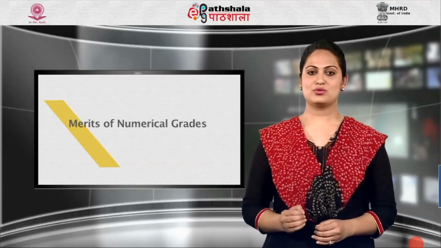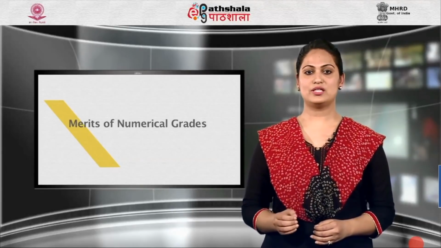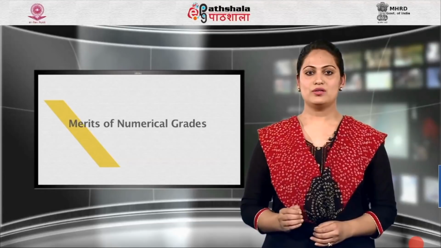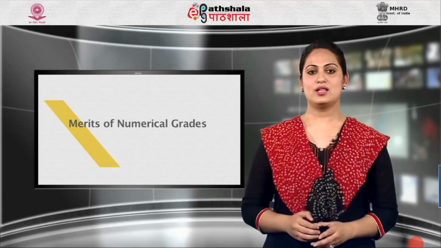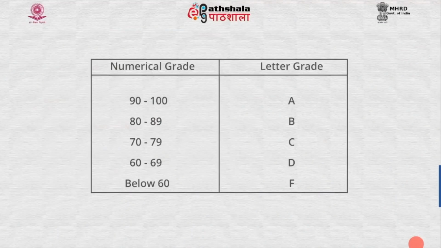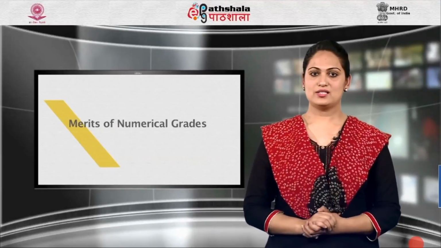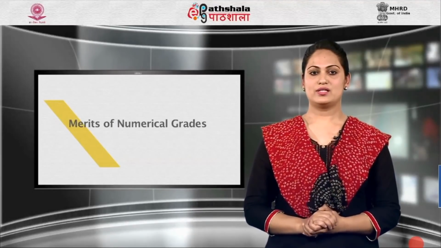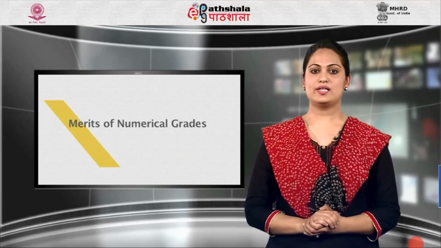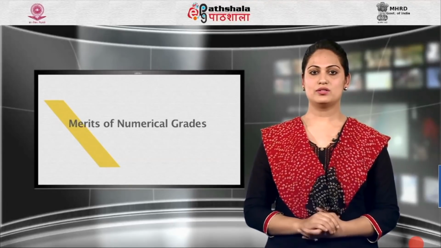Many schools and colleges often use both systems of grading, meaning letter grade equivalents for ranges of numerical grades. Numerical grade 90 to 100 is equivalent to letter grade A, numerical grade 80 to 89 is equivalent to letter grade B, 70 to 79 is C, 60 to 69 is equivalent to D, and below 60 is equivalent to F. Like letter grades, the merits of numerical grades are: it provides a summary of marks for a year's work.